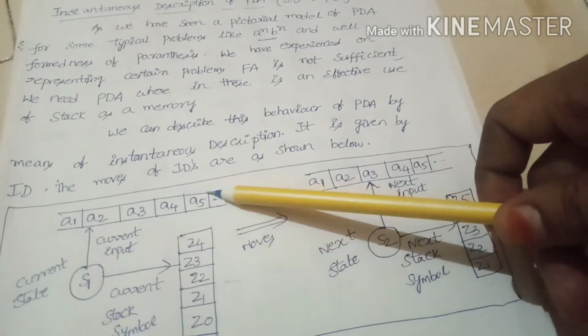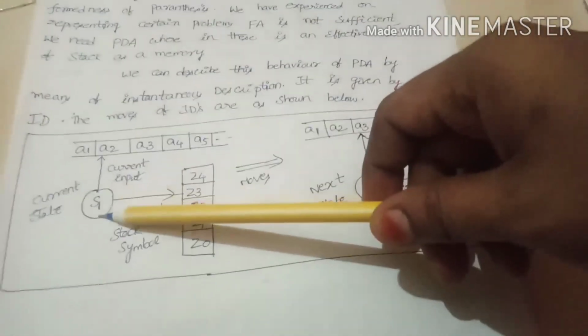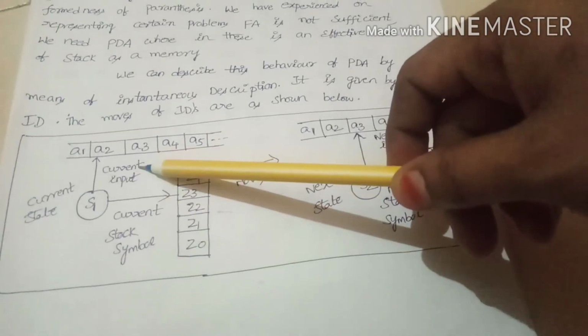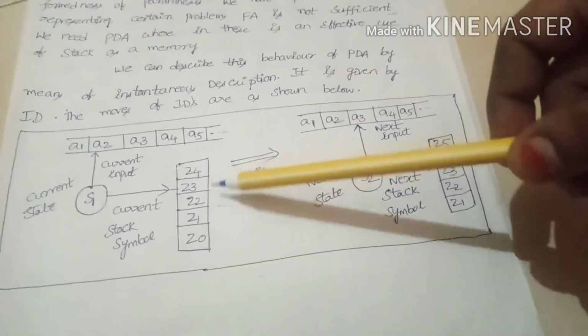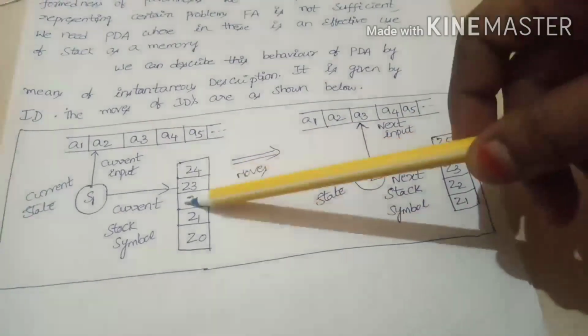The moves of IDs are shown below. Here we have the current state, the current input symbols A1, A2, A3, A4, A5, and the current stack symbols Z0, Z1, Z2, Z3, Z4. These are the moves.